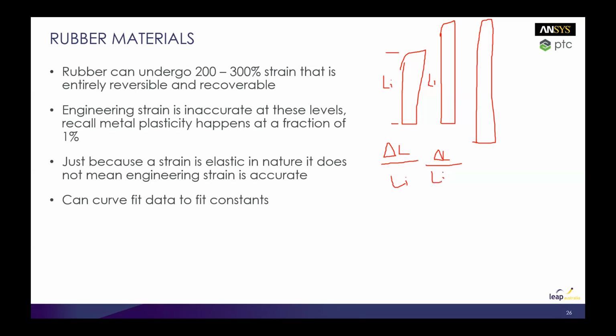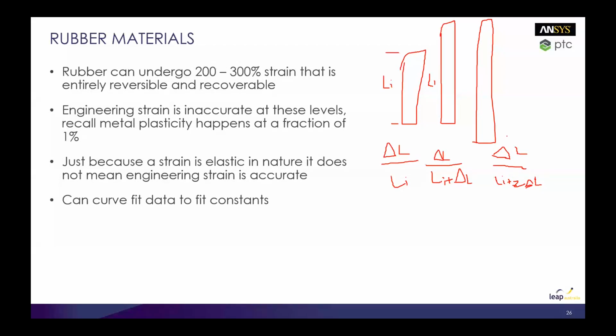So this is Li plus delta L. And then for our third one, it's basically delta L over Li plus 2 delta L. This is sort of calculating it incrementally.